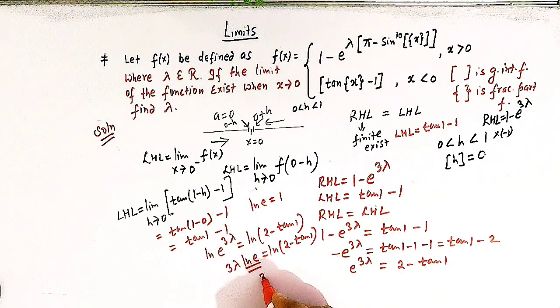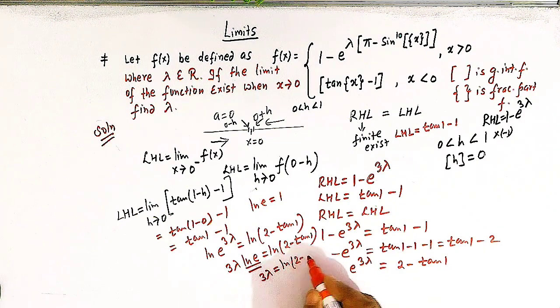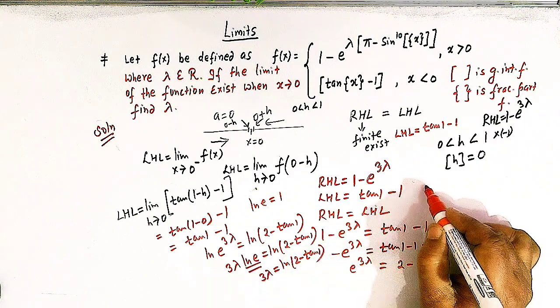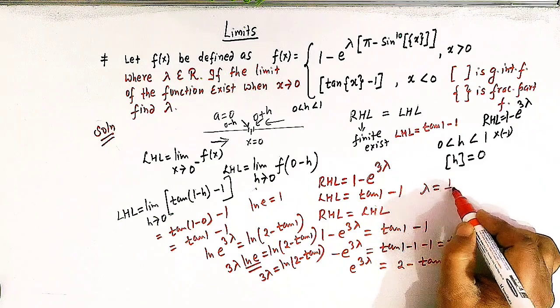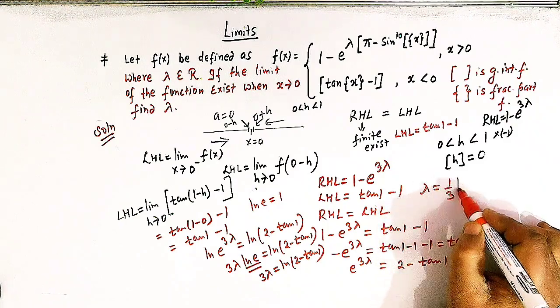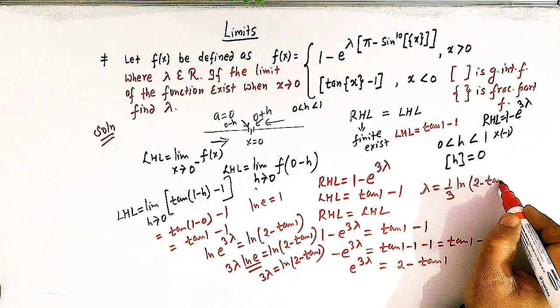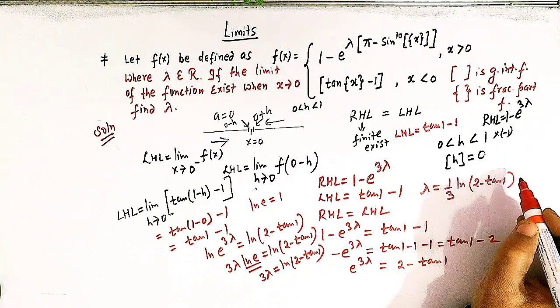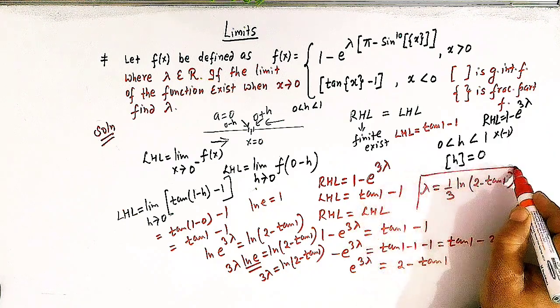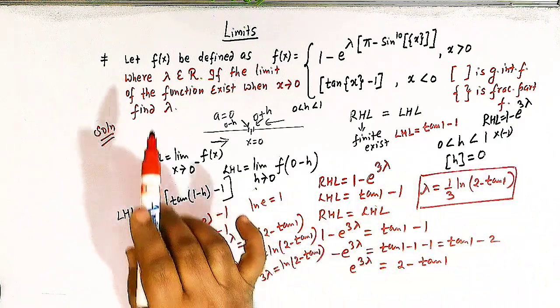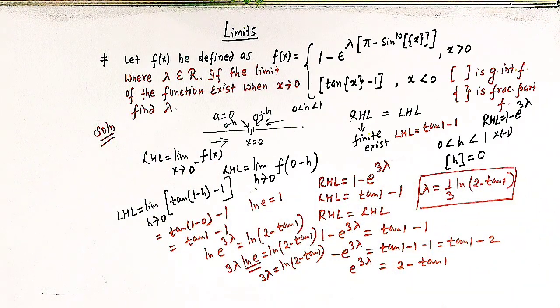So here we have simply 3 lambda is equal to natural log of 2 minus tangent of 1, right? So we can now write lambda is equal to 1 over 3 times the natural log of 2 minus tangent of 1, right? So this is the required value of lambda.